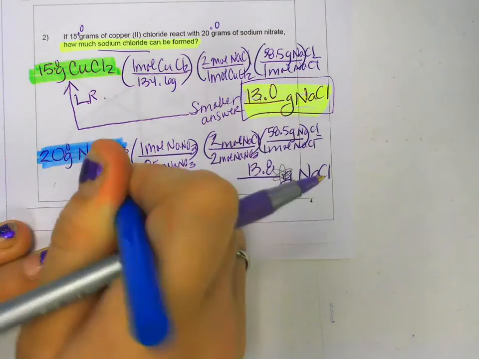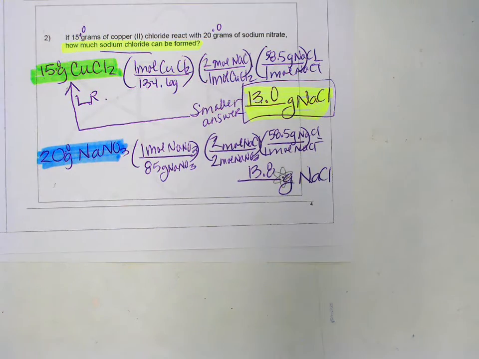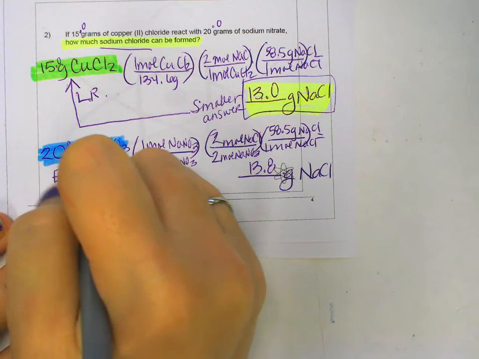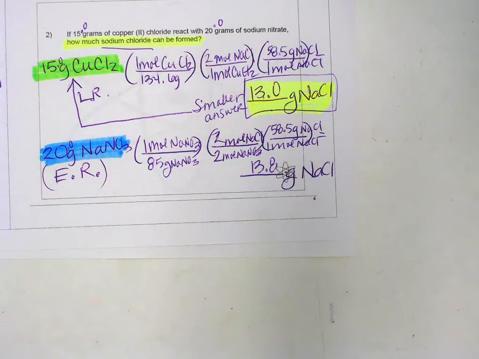Well, since I didn't pick that problem as my answer, he must be the excess reagent. Okay? So there's our problem. We did our problem twice. We picked the smaller answer to tell how much sodium chloride can be produced, and then we determined from that which one must have been our limiting reagent and our excess reagent.